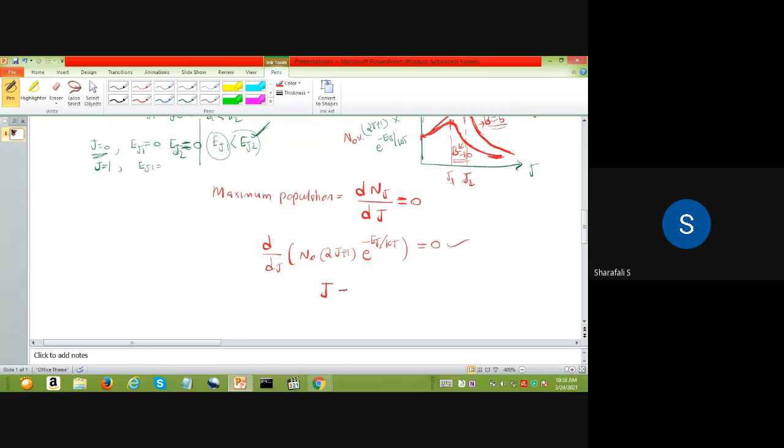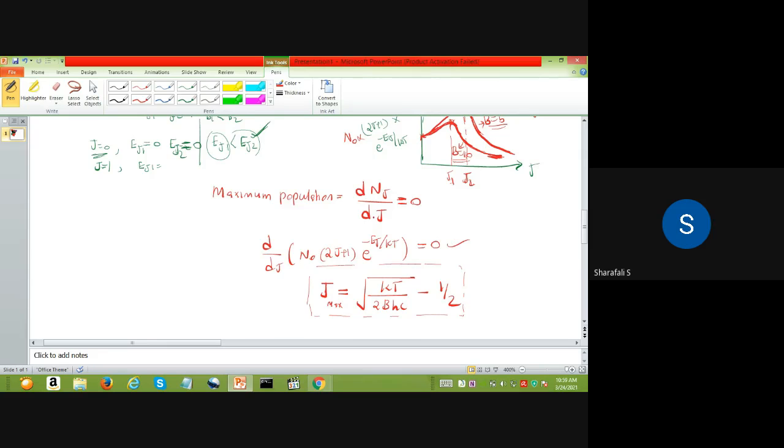Then you will get J, which I will write as J max, which means the J value where we get the maximum number of molecules. So J max will be equal to root of kT divided by 2 bhc, minus half. So this is the J value corresponding to the maximum number of molecules.